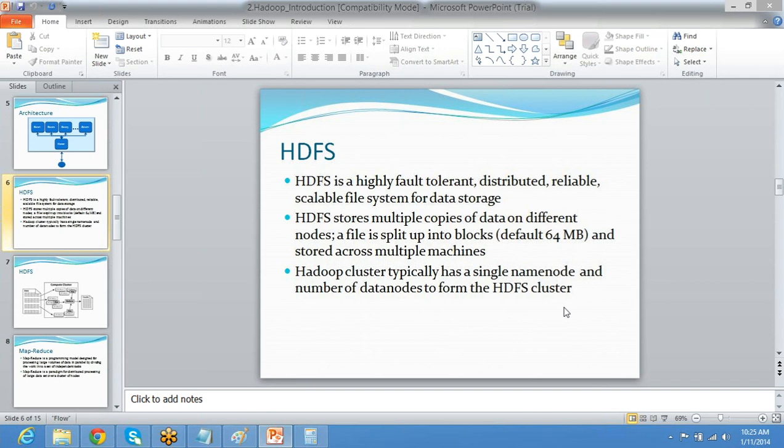Yes, name node and data node. Let me explain why this architecture.